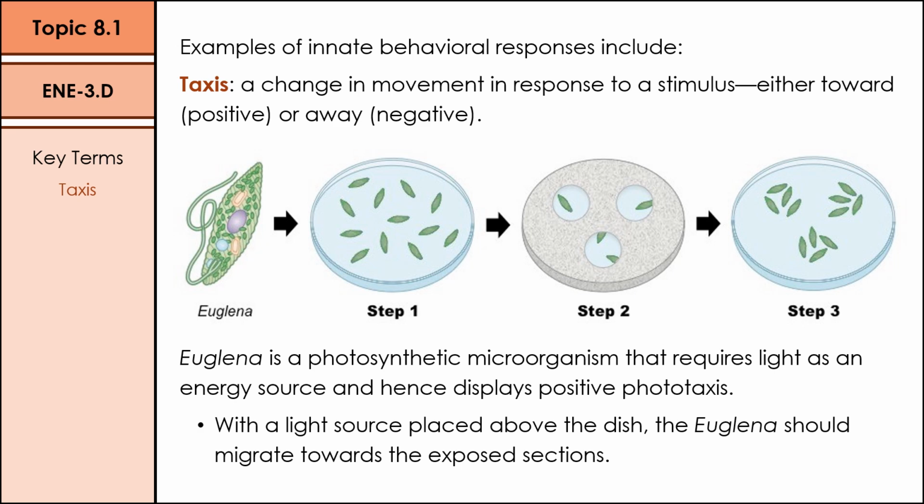And so in an experiment, if we were to cover up a dish that contained our euglena within it, it would orient itself to the spaces where light was present. That would allow them to survive best in this environment. So we see how our behavior increases our survival, which makes us more likely to exhibit those behaviors and pass on those same innate behaviors to our offspring.